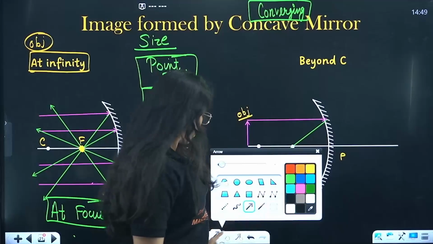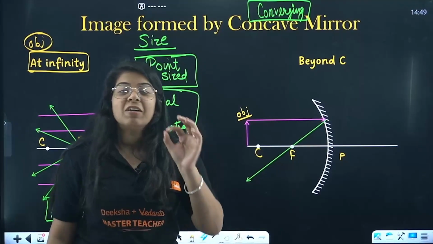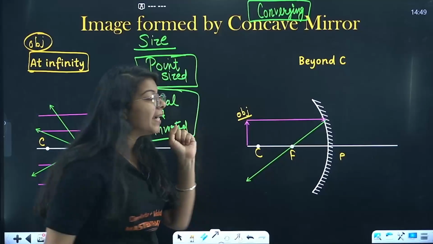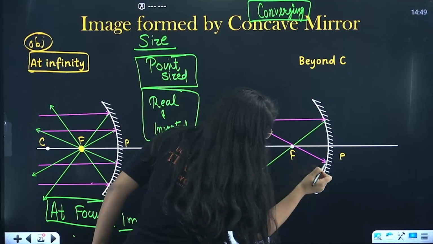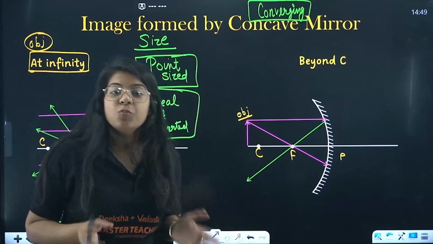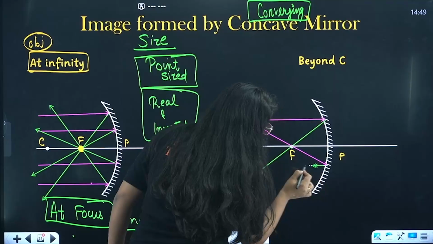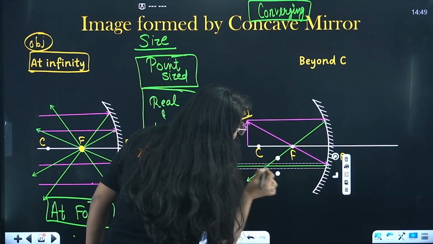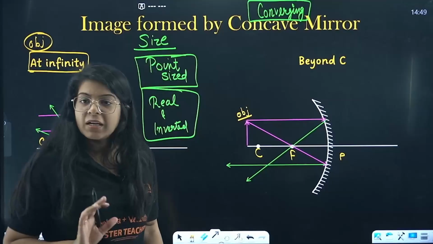Then what? Here where the image is formed, we need one more ray. We studied one more rule, right? When this ray passes from focus, it becomes parallel to the principal axis after reflection. Understood?